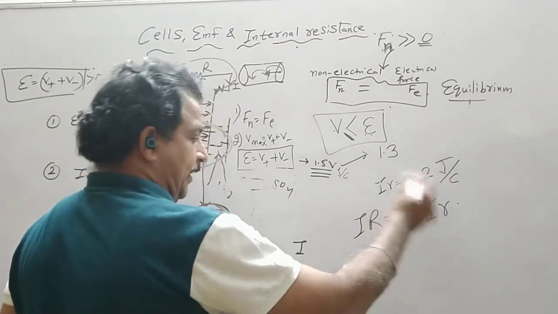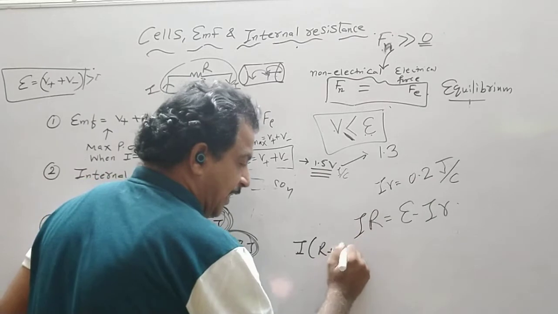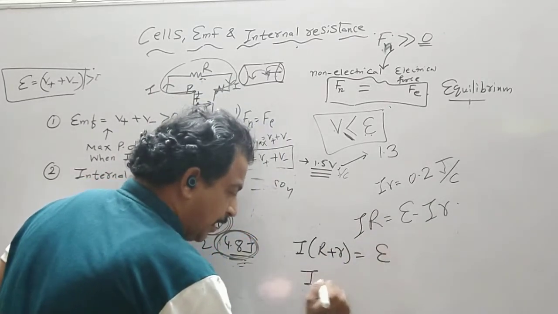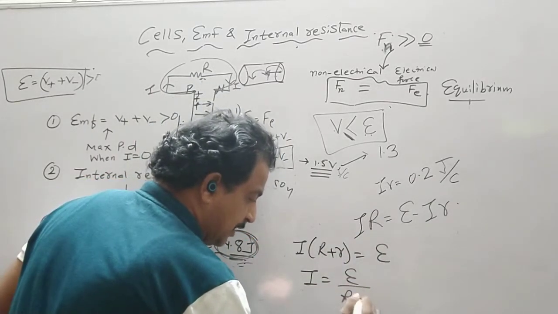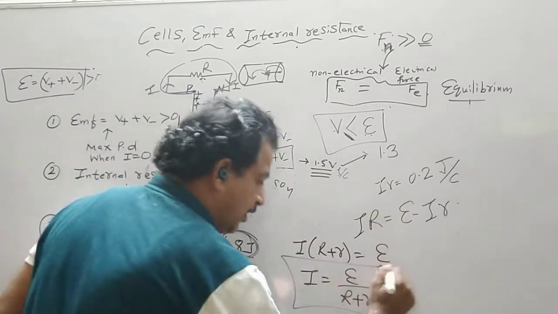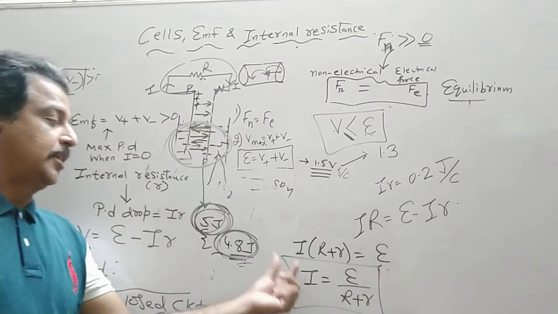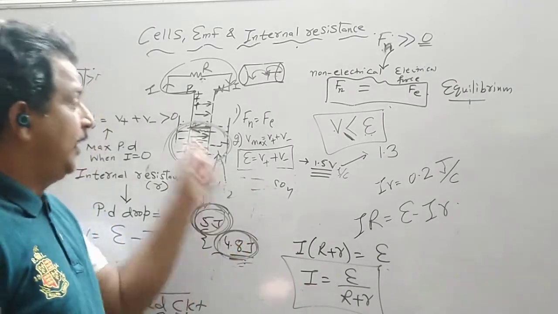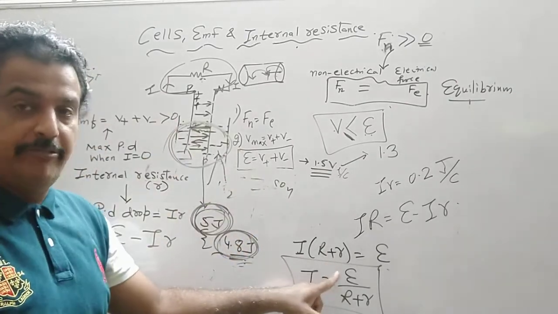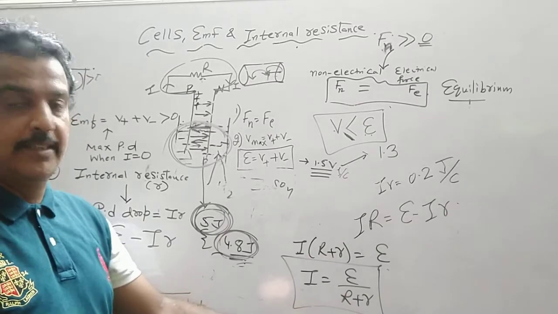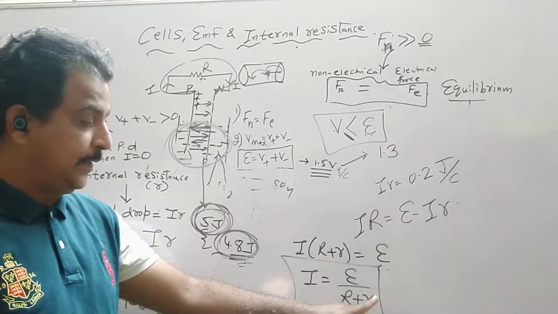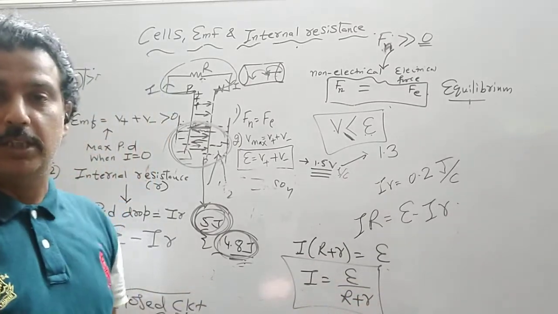I take this Ir here, so it becomes (R plus r)I is equal to E. So the current formula in the circuit becomes EMF divided by the total resistance. This is the expression for the current flowing in the circuit, that is the EMF divided by the total resistance, external plus internal. See, both are oppositions.